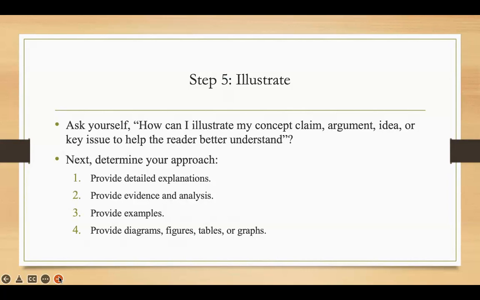Because you are writing to someone else whom you do not know. And they're going to read it from different locations, different times, and in different ways. And so you need to be very, very clear about what you want to say, how you're saying it, and why you're saying it.